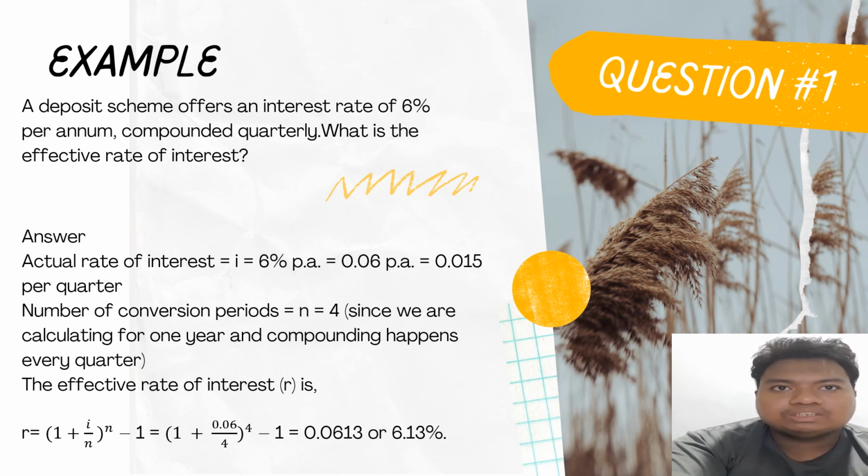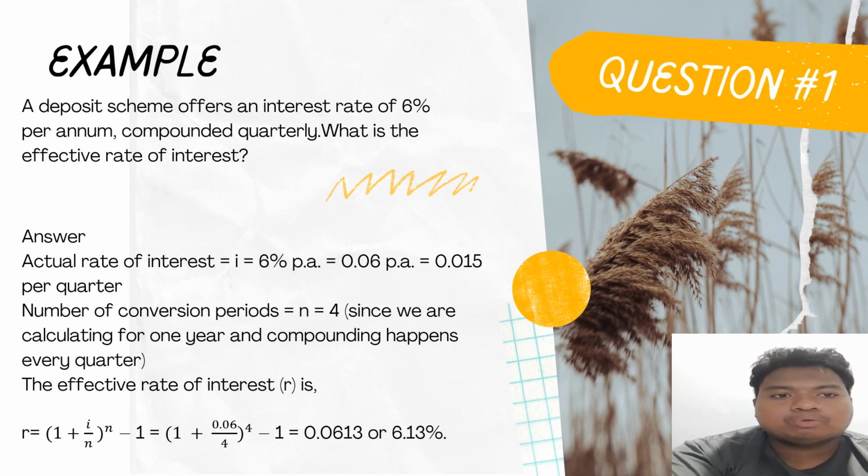The number of conversion periods n is 4, since we are calculating for 1 year and compounding happens every quarter. So the effective rate is (1 plus 0.06 per 4) to the power of 4, minus 1. So the answer is 0.0613 or 6.13%.